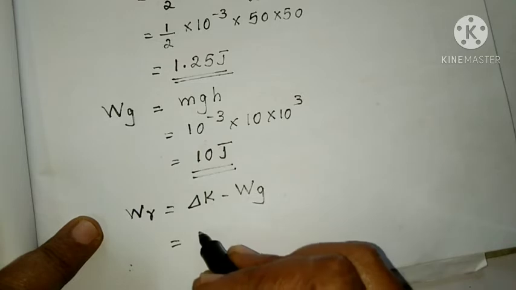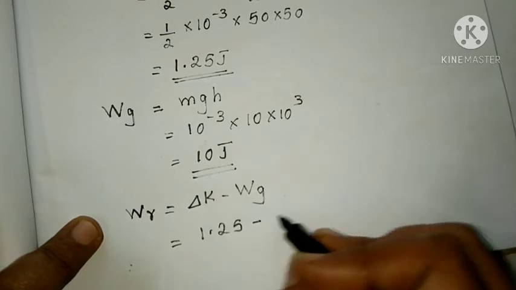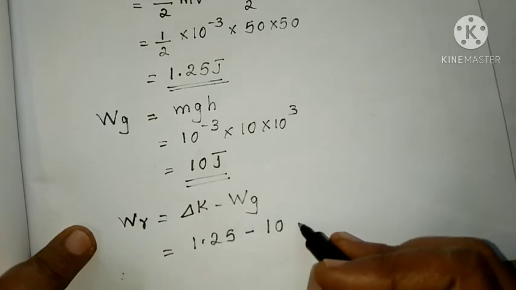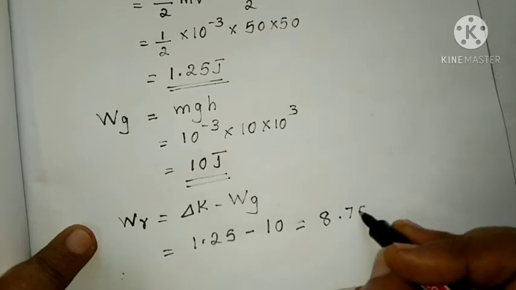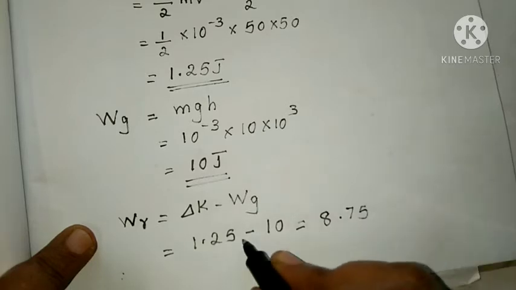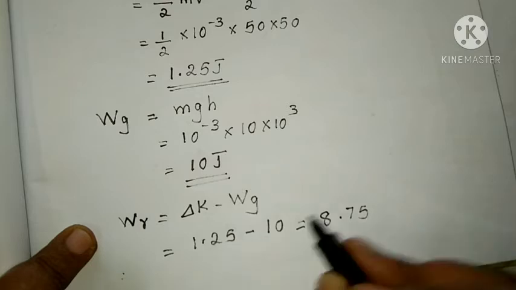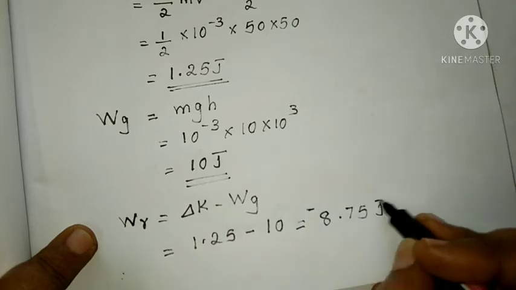What is delta K here? That is 1.25, minus Wg, that is 10. When you subtract, 1.25 minus 10, we get the answer minus 8.75 joule.